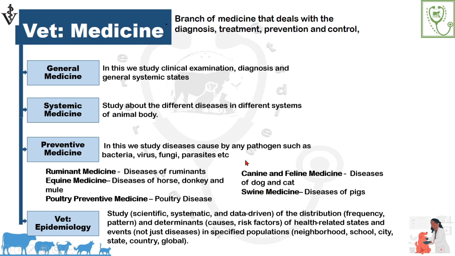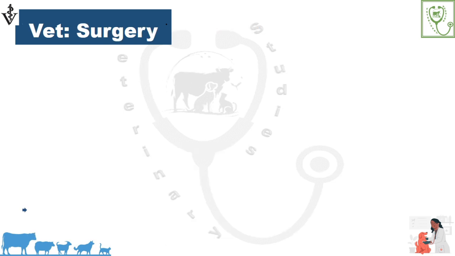For example, there is an outbreak of any disease in an animal population in a particular area. The study regarding this outbreak is called epidemiology, like how much area is affected, what is the source of infection, and how the disease is transmitted. This is all in veterinary epidemiology.